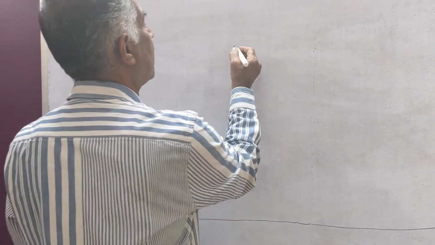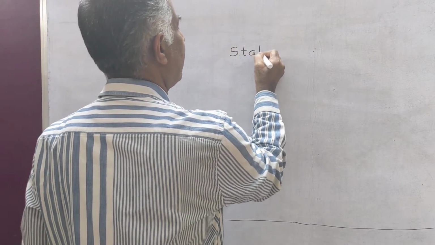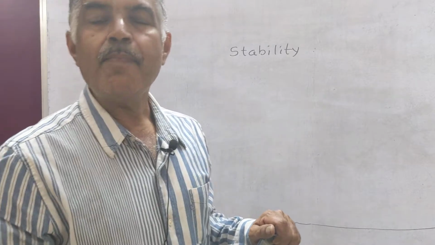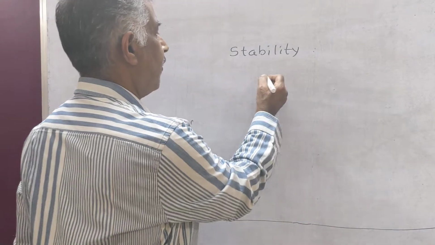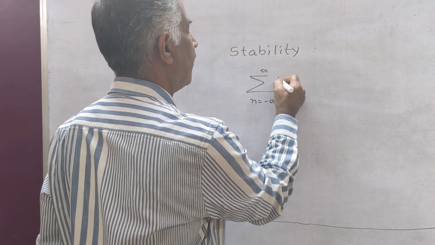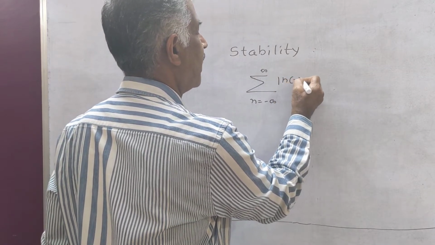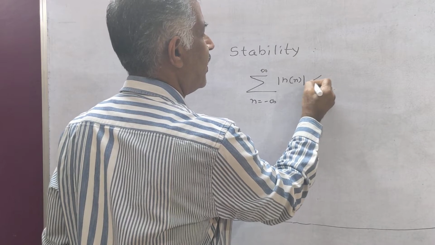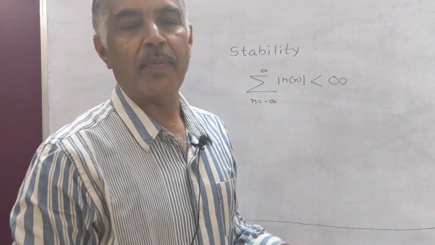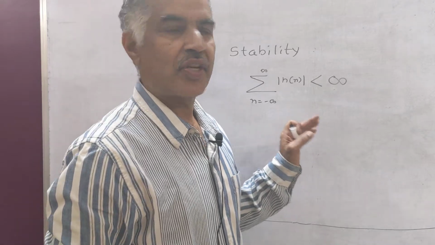Now what is stability? Earlier we have checked the stability property using impulse response. If summation n equal to minus infinity to plus infinity of mod h(n) is less than infinity, then it is said to be BIBO stable, bounded input, bounded output stable.